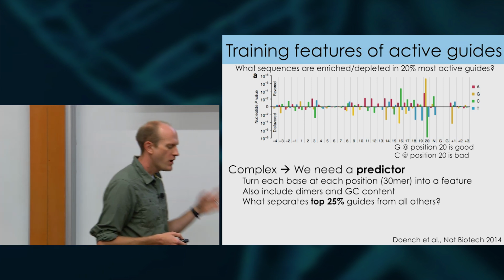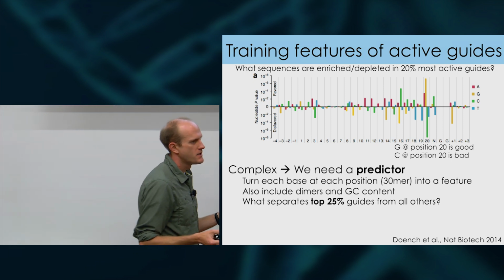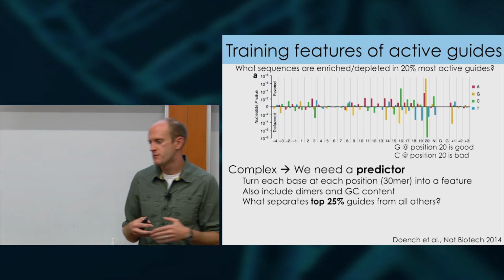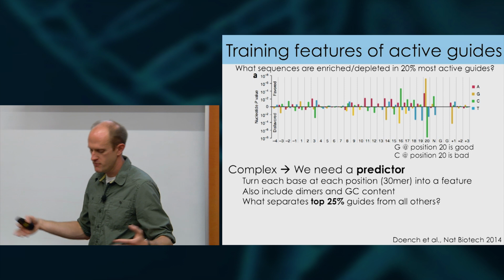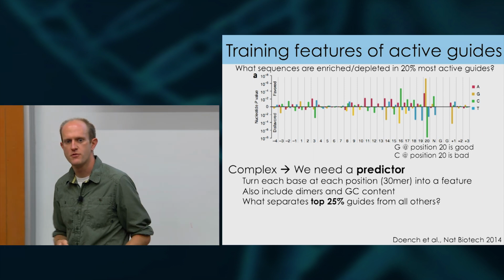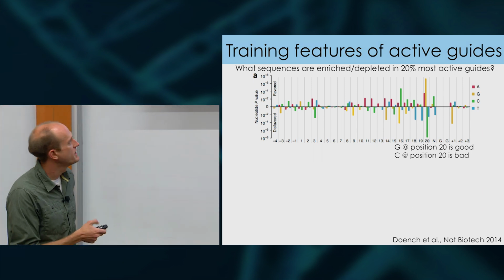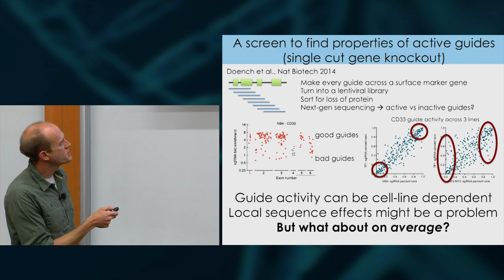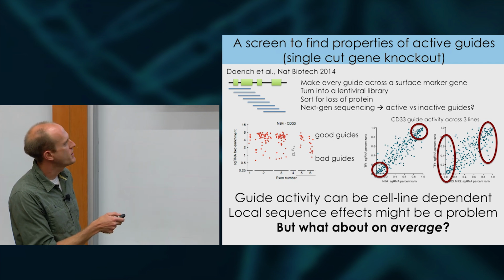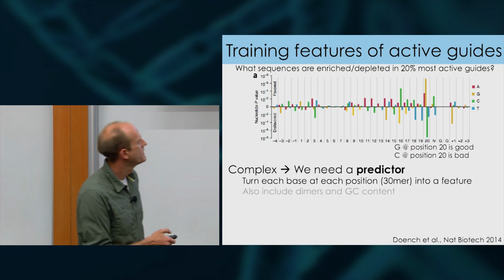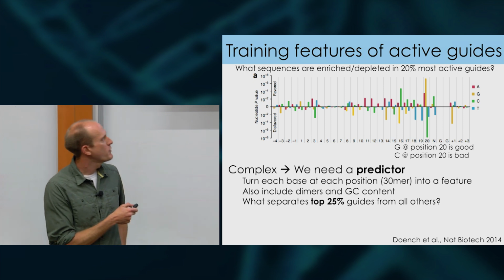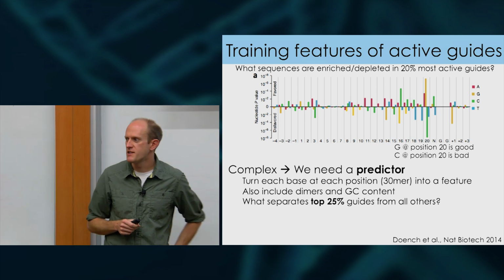Okay? But we need some way to tell it what's good and what's bad, because we can't just give it all the data. We have to sort of usher the computer through the process. And so given this observation that there's correlation in some ways and not in other ways, they decided to ask, what separates the top 25% guides from all others?